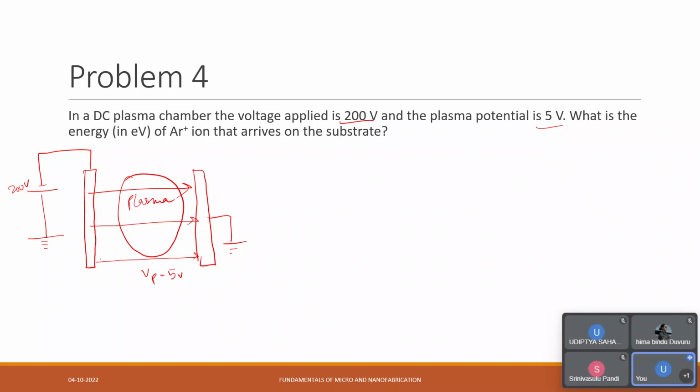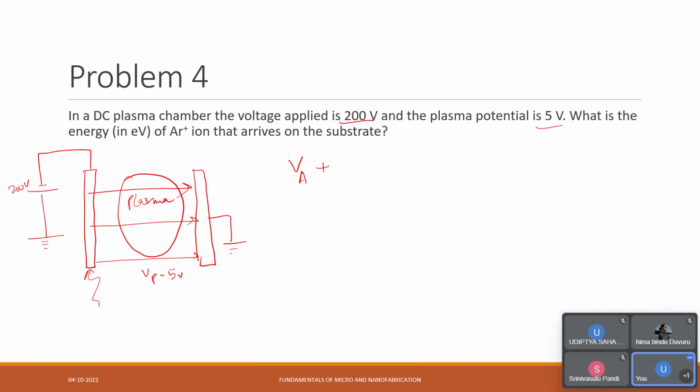Basically these positive ions are created here at this place, and they are accelerated towards this electrode. So the energy, the potential difference, is the sum of the accelerating voltage, which you can take as this 200, and the plasma potential.